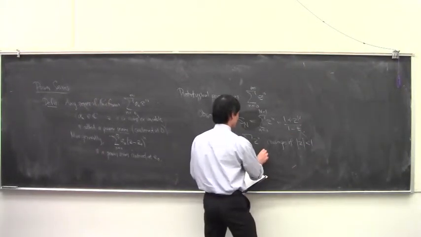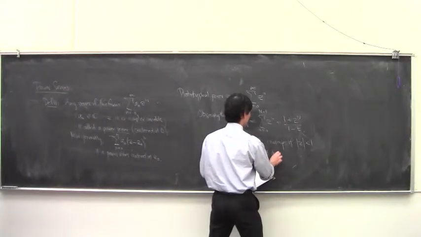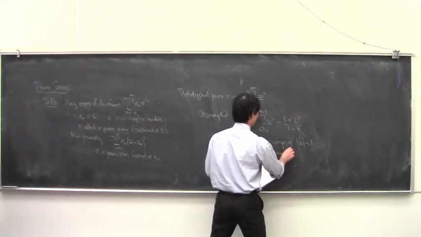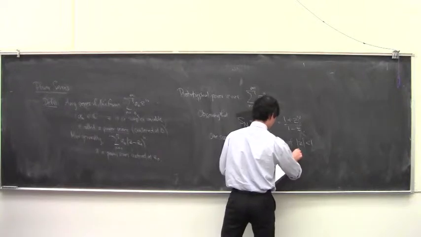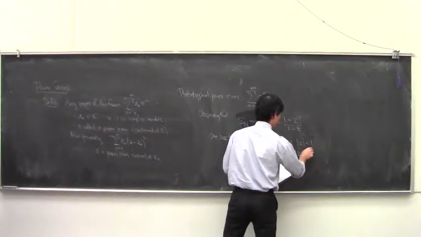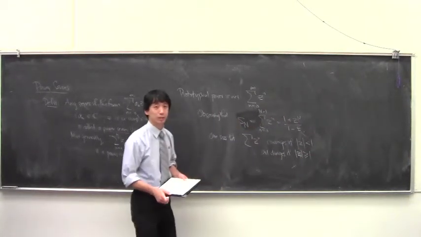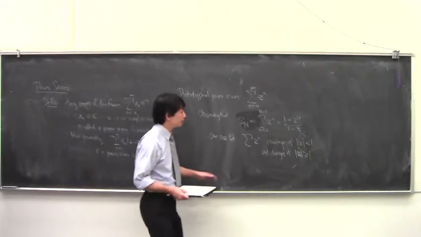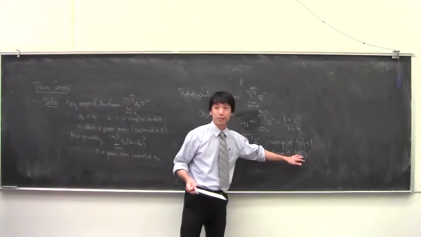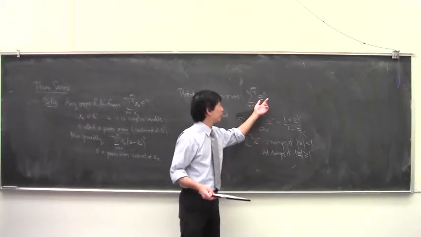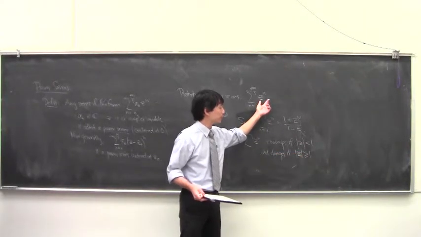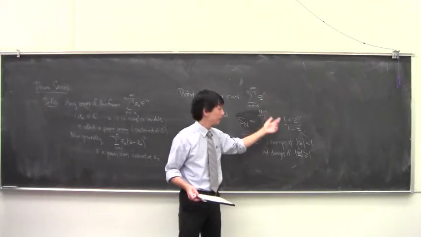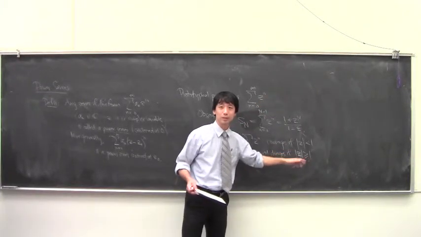And it diverges if z is greater than or equal to 1 in modulus. The reason for that is the divergence test: the nth term doesn't converge to 0 if your modulus is greater than or equal to 1.